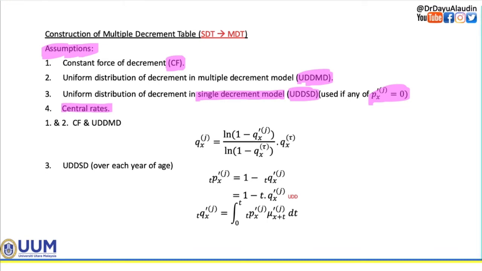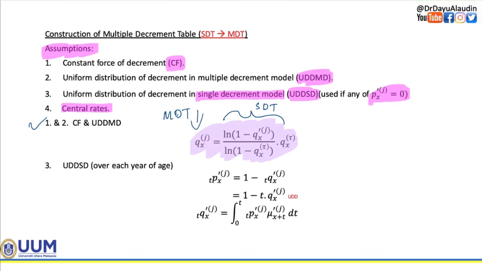First and second assumption, this constant force and UDD-MD. So this is MD in terms of SDT. The third one is UDD-SD. So for UDD, we use t times qx.